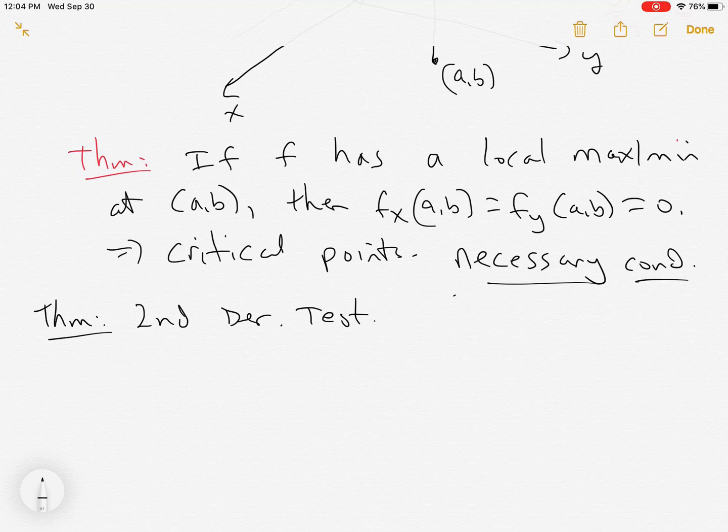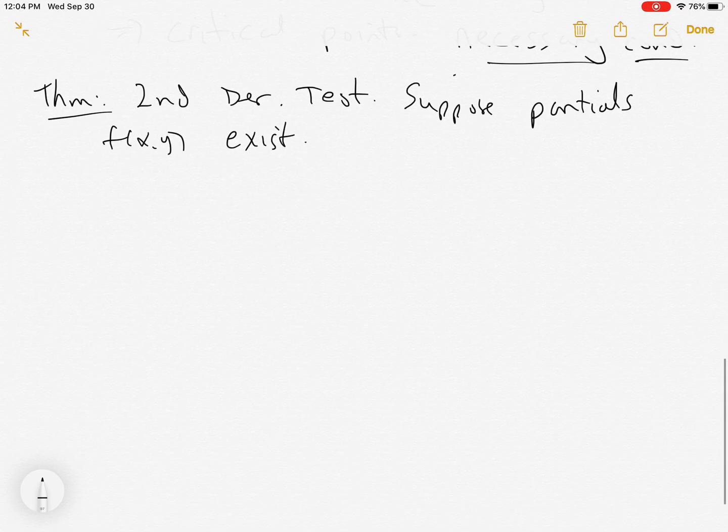Okay, so suppose the partials of f of x, y exist. 1.